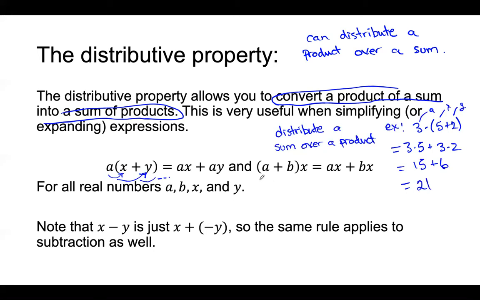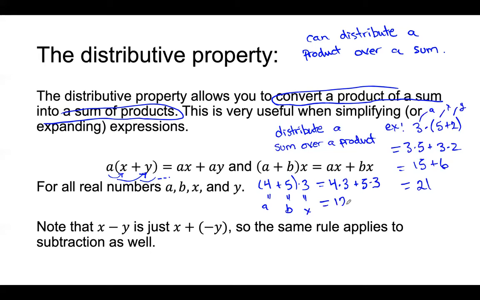For the second example, we could say, let A equal 4, B equal 5, and X equal 3. Distributing the 3 in, we see we get 4 times 3 plus 5 times 3.